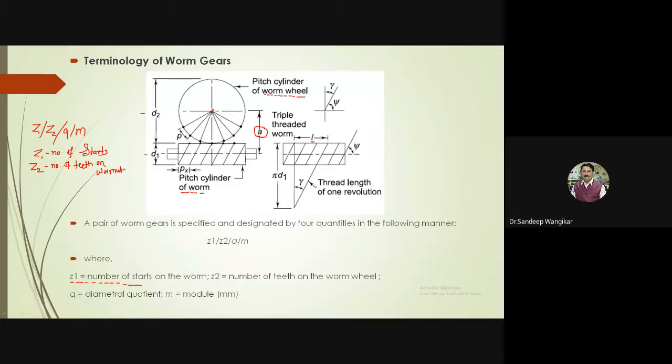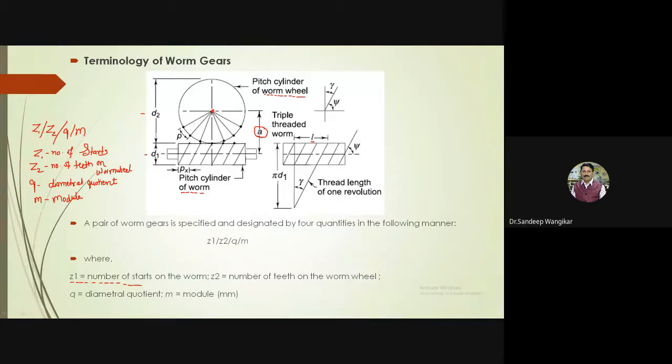Though it is mentioned for your understanding, I am writing it once. Q, very important, is the diametral quotient. We will discuss how to calculate Q. M is nothing but the module.